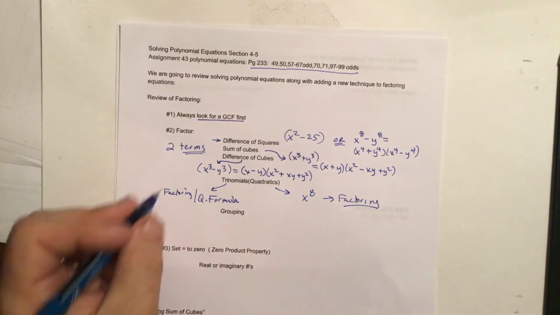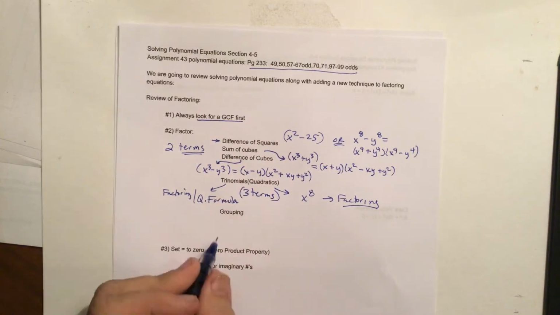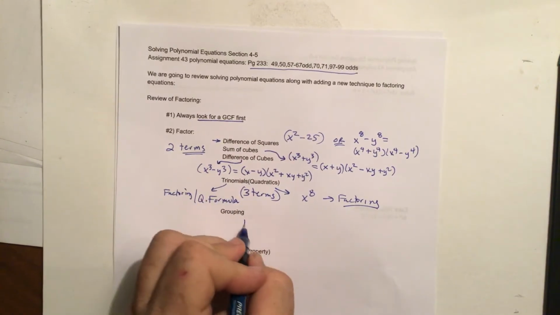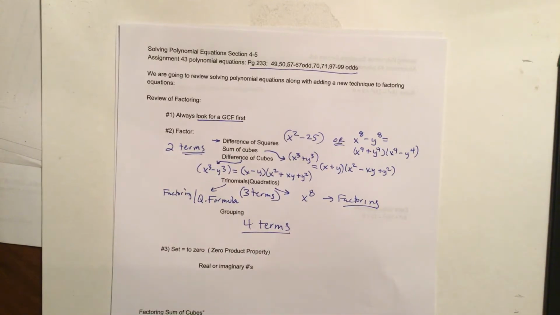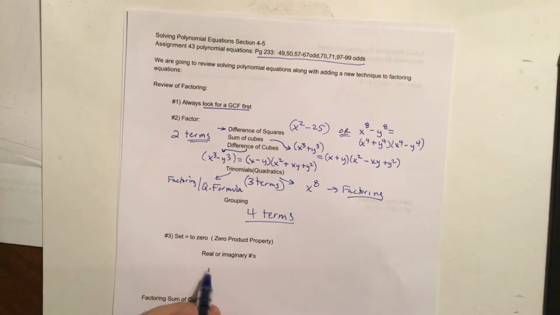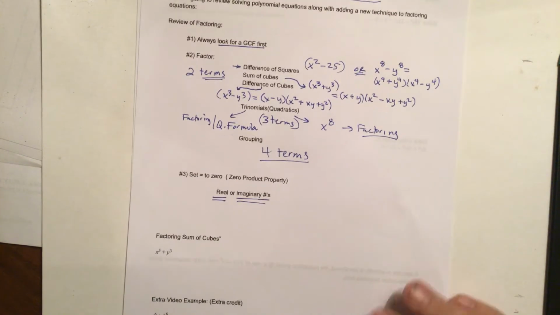And then don't forget, those are three terms. We've got factoring by grouping, which is for four terms. So depending on what you're given, you've got a bunch of different things to work with. And if we're looking for answers, we set them equal to 0, and you can get a real answer, or you can get an imaginary one, which has an i in it. It just depends what we're doing.